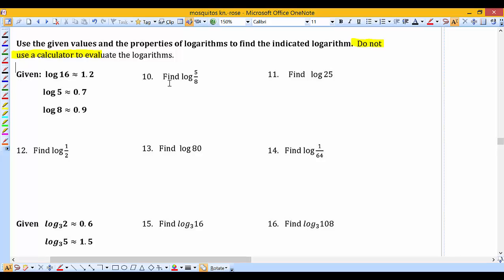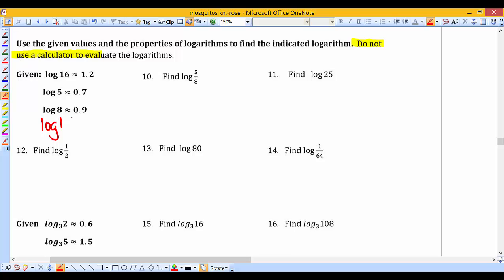I want to rewrite my logs using these three values, 16, 5, and 8. But we have also gone over other properties of logs, and I can use those numbers too. For example, log of 1.